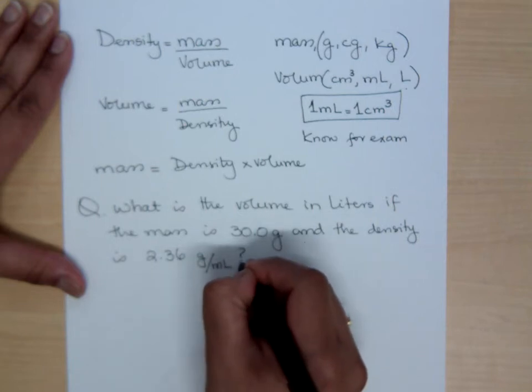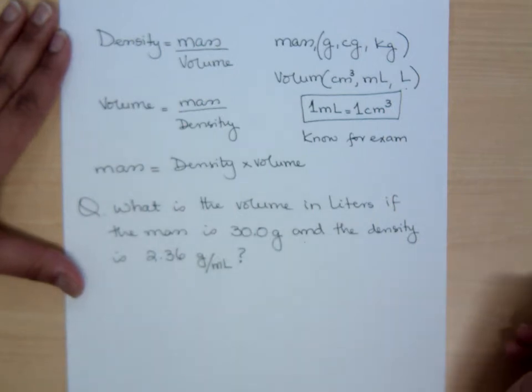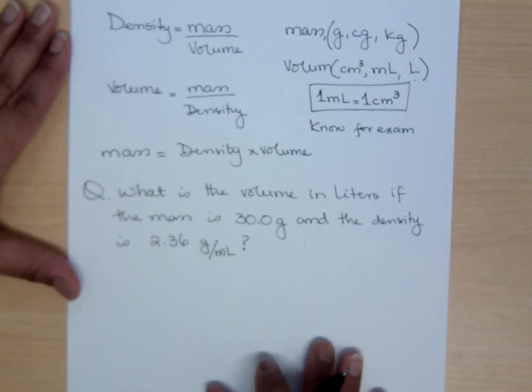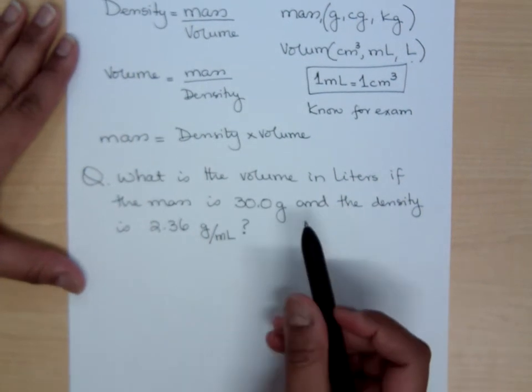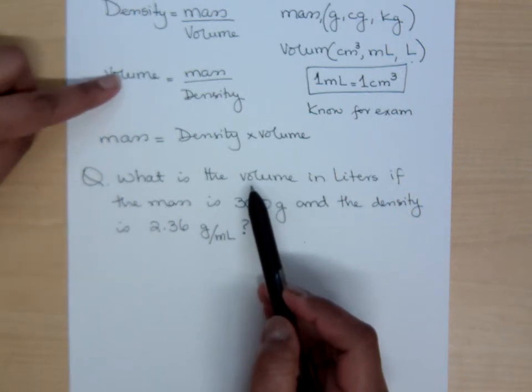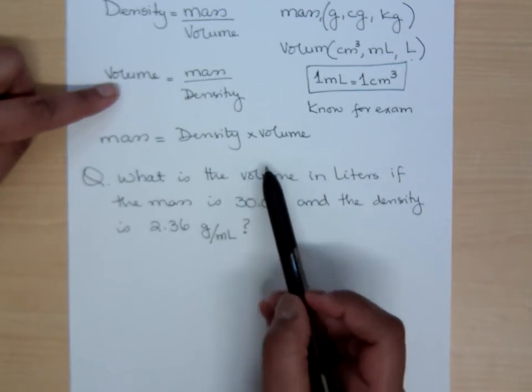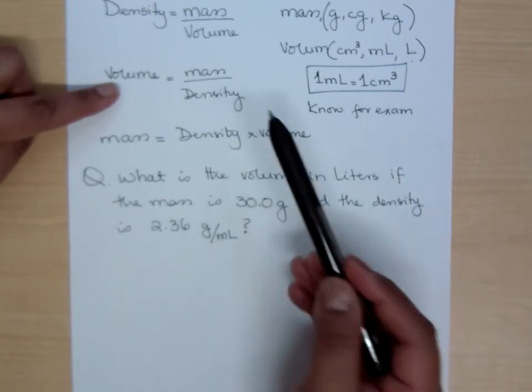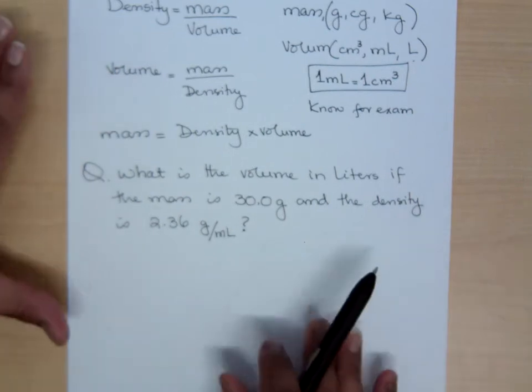of that object. The first thing that I want you to see is that they are asking you to find volume. In that case, the equation to use is this one. The volume of an object could be found when mass and density are provided. So let's set up the problem.